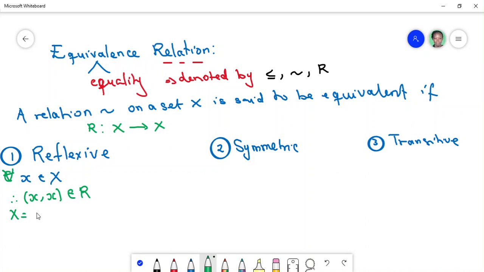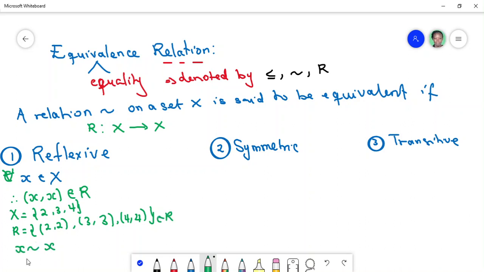Let's take an example. Let's say I have X to be the set 2, 3, and 4. I can build a set of ordered pairs, which is my relation: 2 and 2, 3 and 3, then 4 and 4, which is in R. If I have this, you realize that x is related to x.